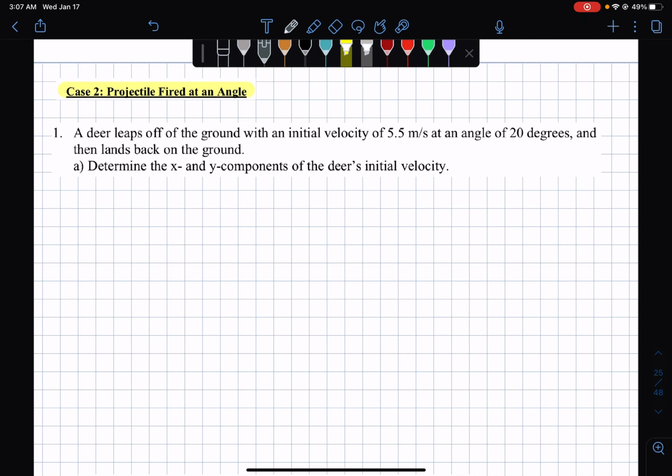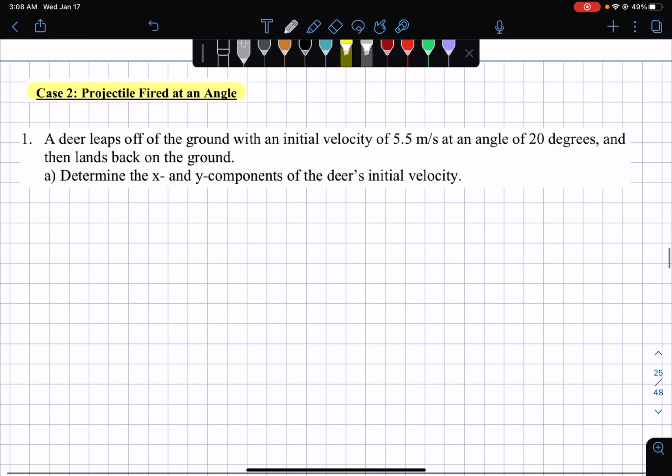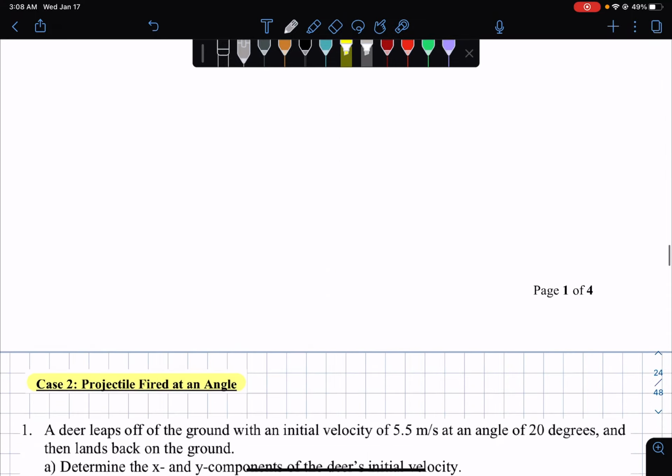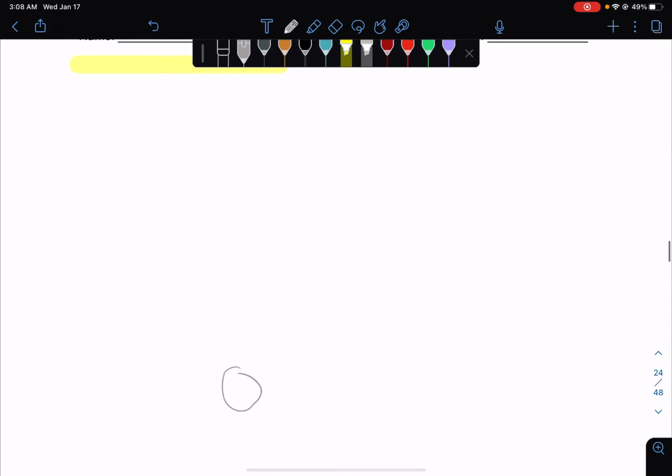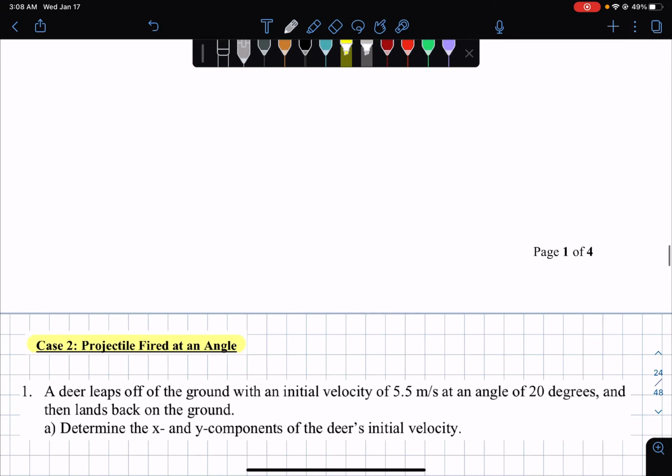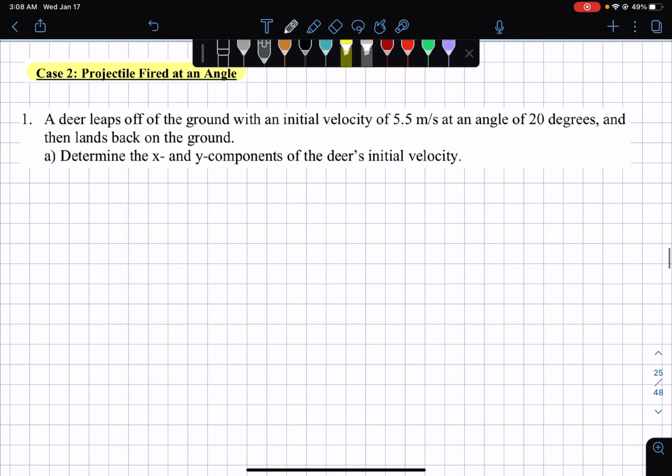Okay, so case 2 is a projectile fired at an angle. I'm not sure what case 1 is, but I suppose it has something to do with a ball or any projectile being thrown upwards. Let's start with number 1. A deer leaps off of the ground with an initial velocity of 5.5 meters per second.